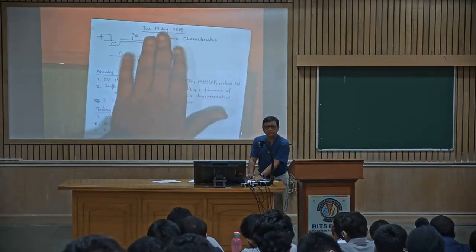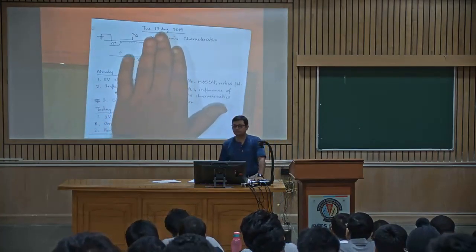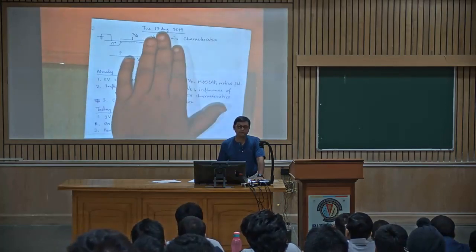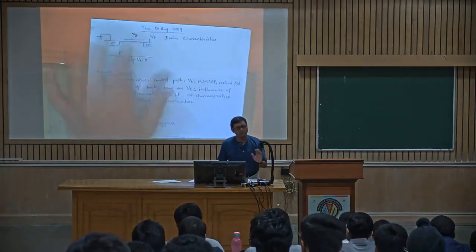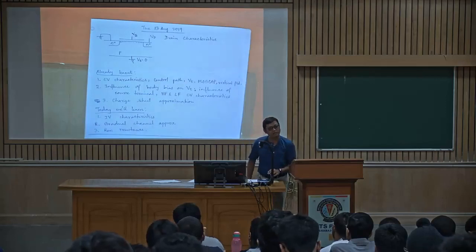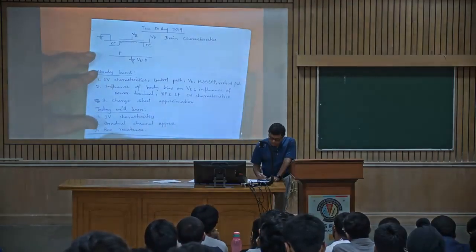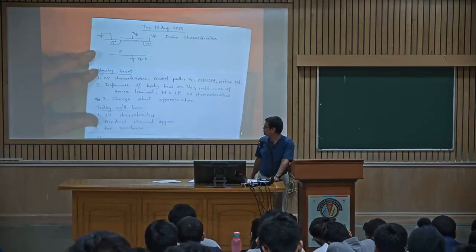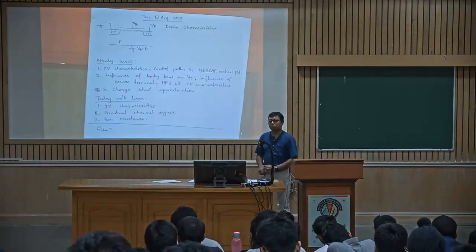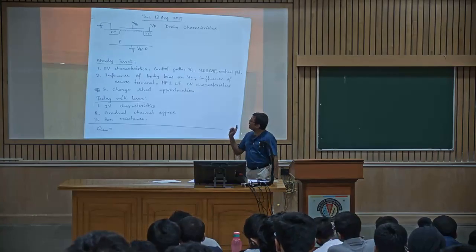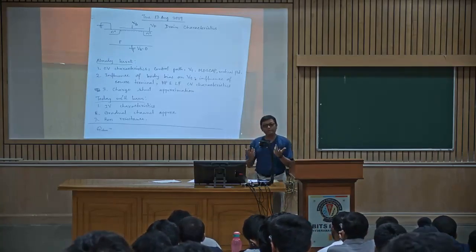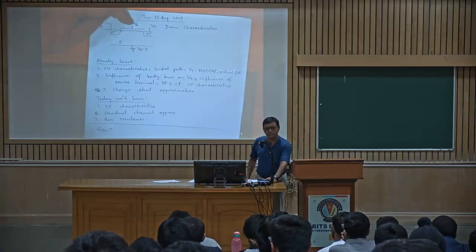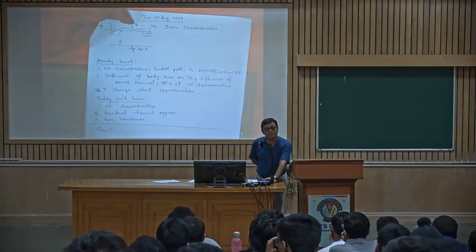Before we had this Vd, we will just write one equation here. Before we had this Vd, what was the net charge in the channel? What will it be? Q channel is equal to... Before we had that Vd, the only voltage we had on the channel was simply Vg minus Vt.